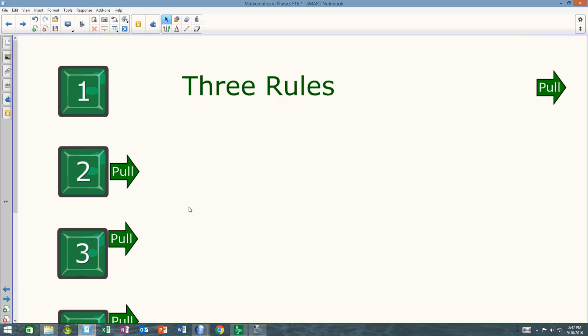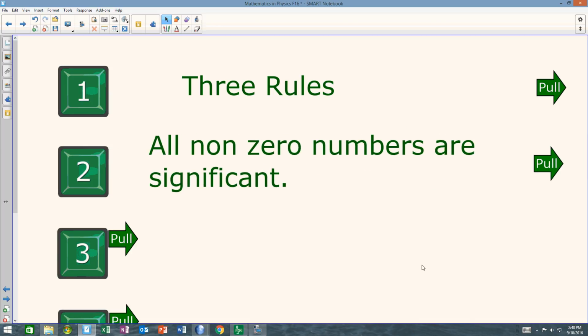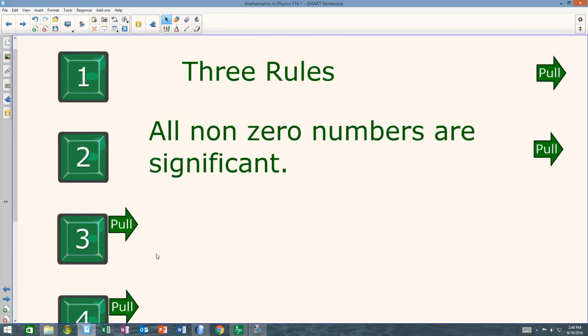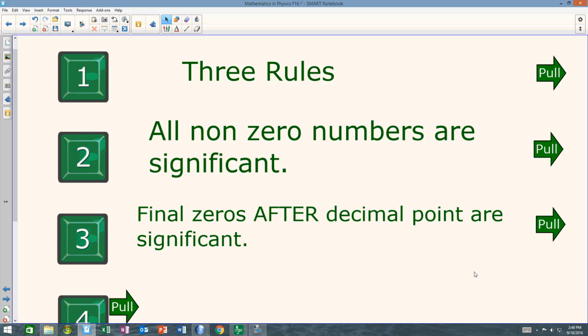There are 3 rules when we talk about significant digits. The first rule is that all non-zero numbers are significant. That means if I measure a number that's 562, it will have 3 significant digits, because the 5, the 6, and the 2 are non-zero numbers. If I have a final 0 or a couple of zeros after the decimal point, they are considered significant. So if I measure a number 5.00, those 2 final zeros after the decimal point are significant.